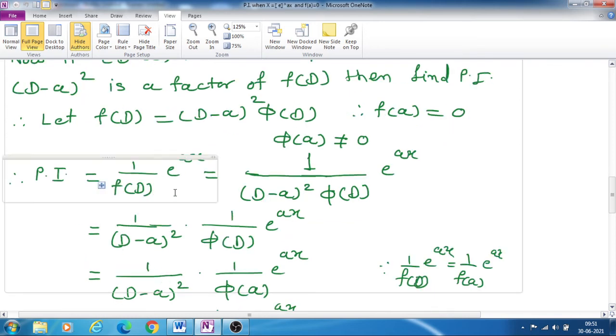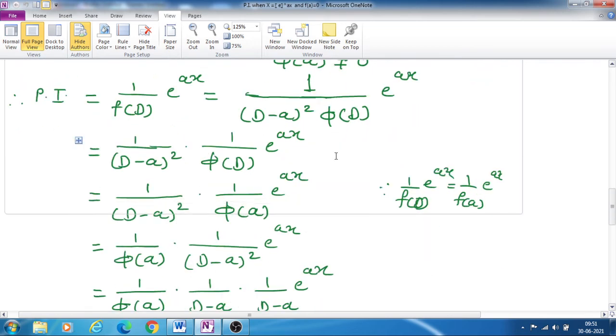So PI is equal to 1 upon (D minus a) squared into the remaining function phi(D), where phi(a) is not equal to 0, into e raised to ax. Now here we first operate 1 upon phi(D) on e raised to ax, and here we use the result 1 upon f(D) e raised to ax is equal to 1 upon f(a) e raised to ax.